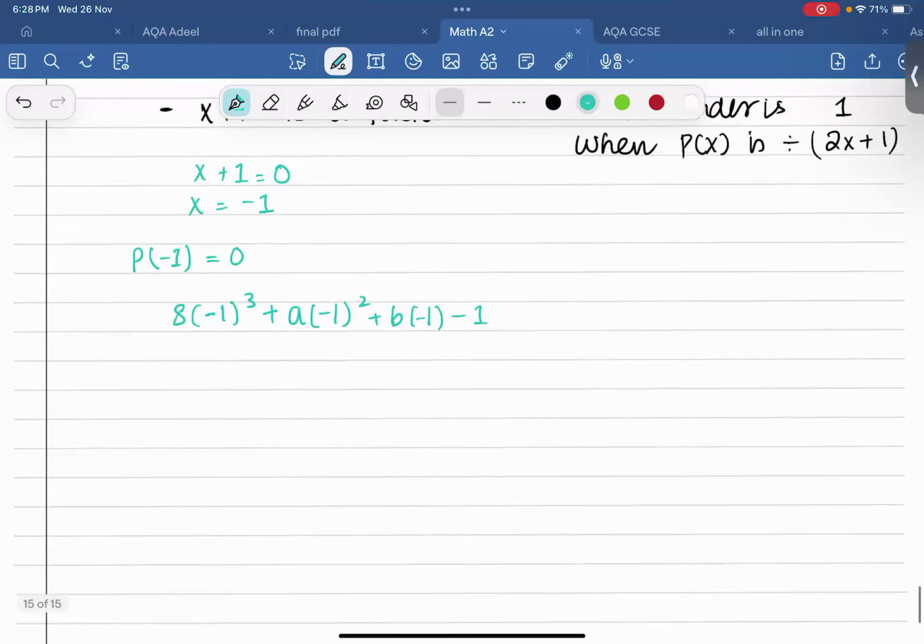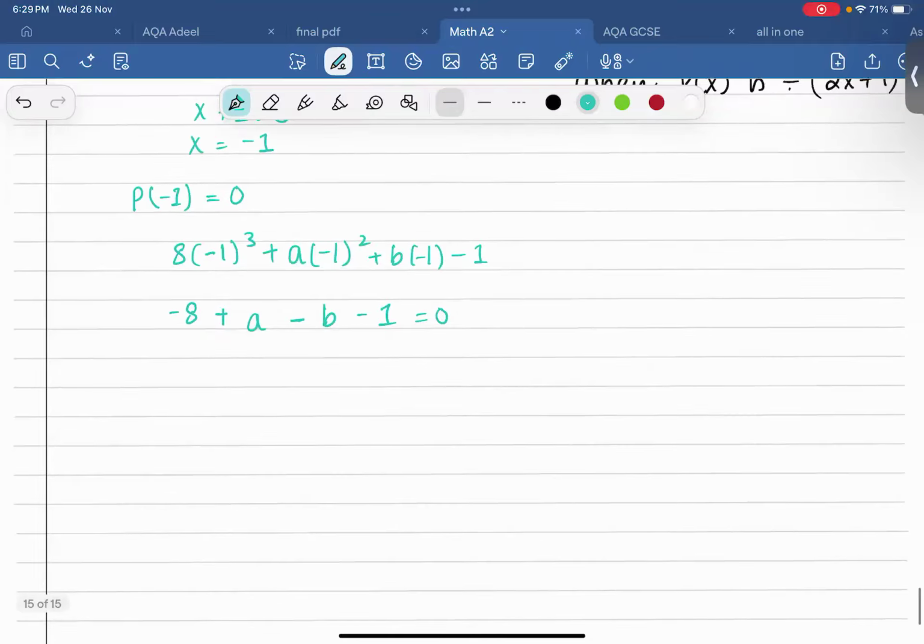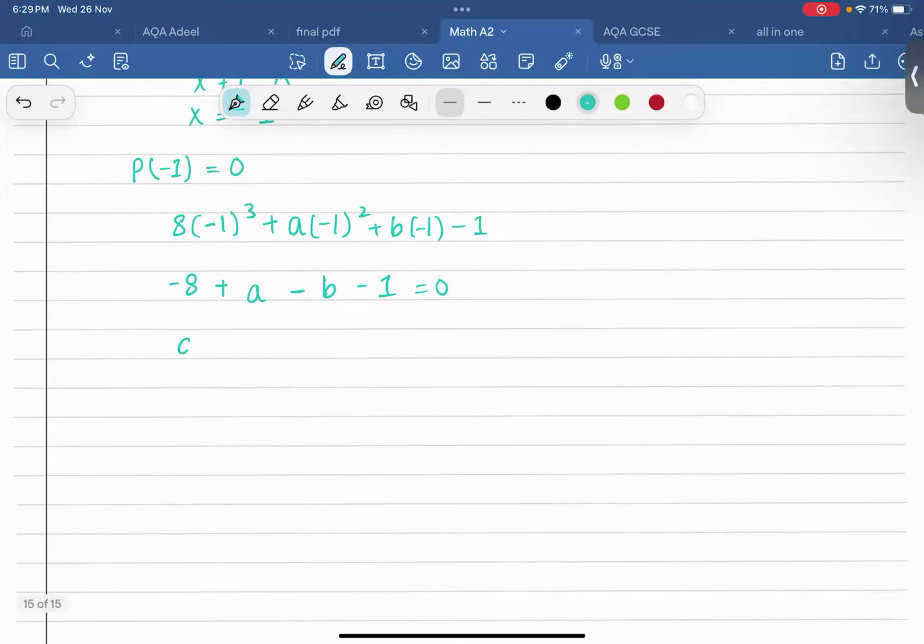Just solve it. -1 cubed is -1, so 8 times that is -8, plus a minus b minus 1, and it should be 0, because for a factor, if you input its value, the polynomial should equal 0. So that becomes a minus b, and if you bring this to the other side, it becomes 9. Okay, guys, is that clear? This is the first equation.